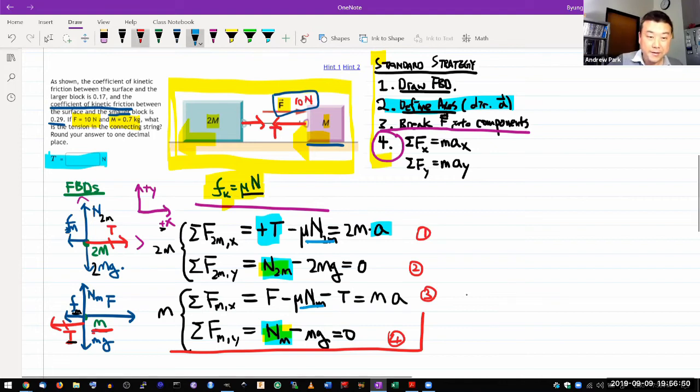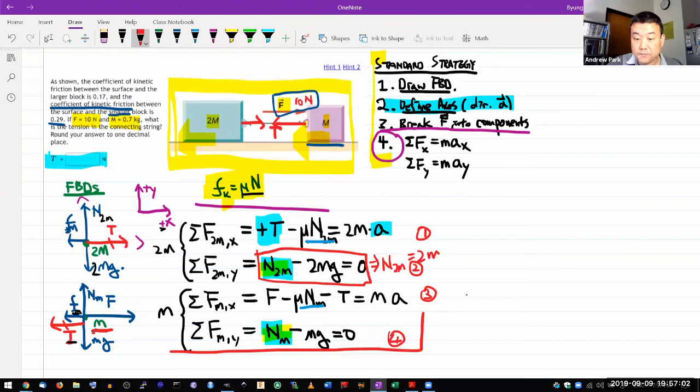I can actually simplify this quite a bit. This gives me that the normal force on 2m is equal to 2mg. Oh, so I guess I can just plug that in here. So let me do that, not waste too much screen space. So I have 2mg is equal to that.